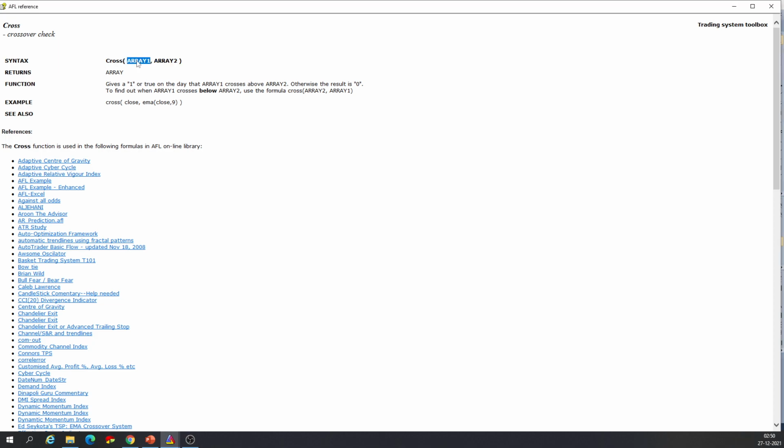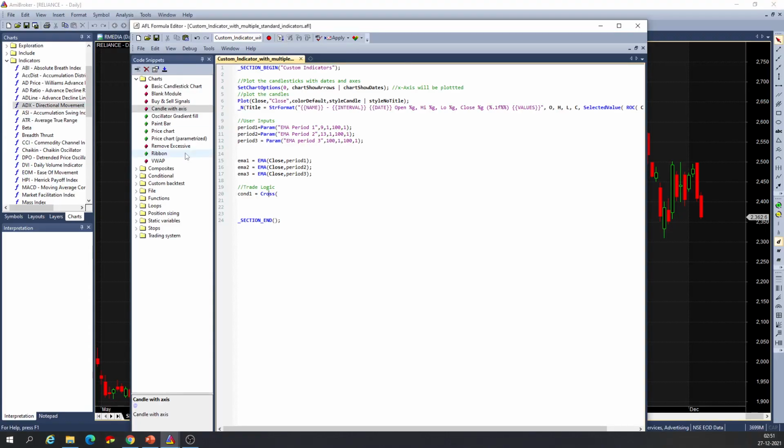You need to give the array which will be going above the second array. Here we are thinking about the 9 period EMA going above the longer period array, which is the 13 period array. That's the reason we have to give EMA1 comma EMA2.